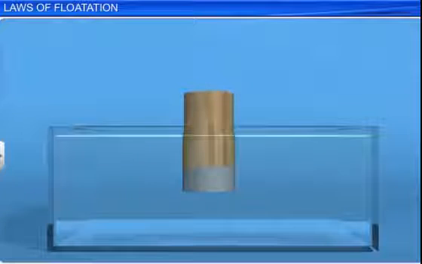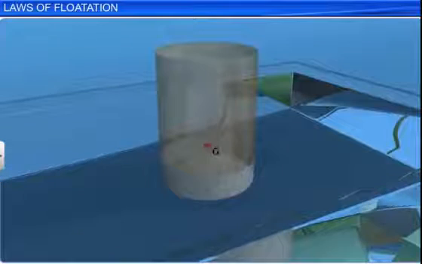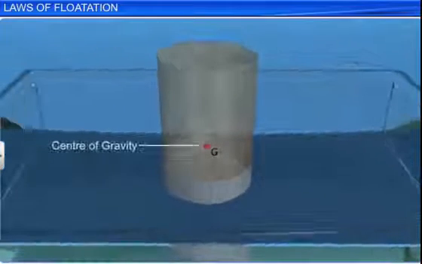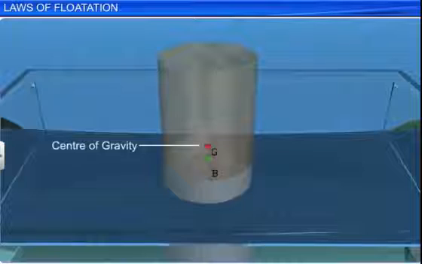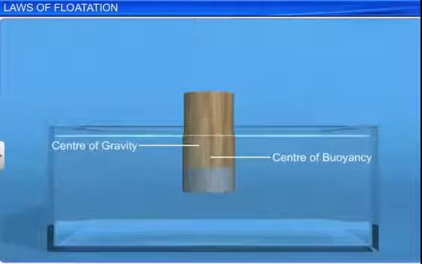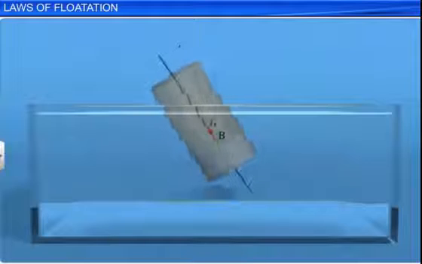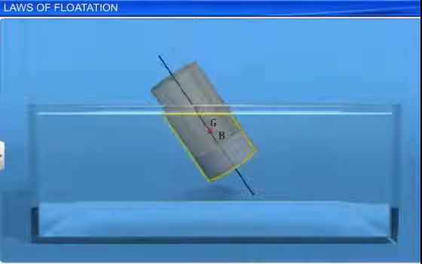Let us observe the equilibrium conditions for a partially submerged body. Let G represent the center of gravity and B represent the center of buoyancy. For a stationary floating body, they lie on a vertical line. When a floating body is provided with a small angular displacement, the shape of the immersed volume changes. This changes the position of the center of buoyancy.